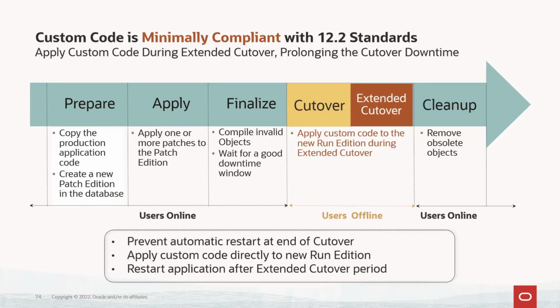If by contrast, you're going with the minimally compliant model, you're very likely to apply your custom code during, again, a standard e-business suite patching cycle. During the cutover period, you would do the setting that extends the cutover. And during that extended cutover time, you would apply your new custom code to the run edition, thereby prolonging the cutover period.